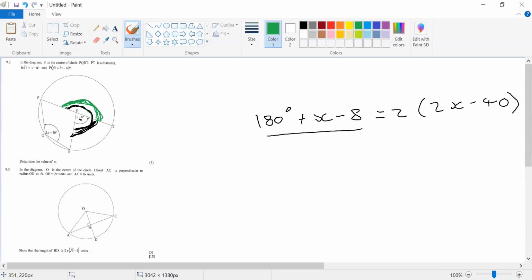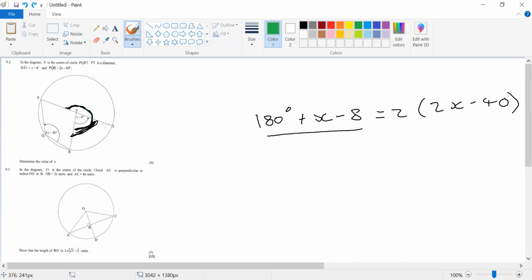But we know that this is a straight line, so that's equal to 180 degrees. So the whole thing would be 180 degrees plus whatever this was, which was x minus 8. You get it? Yes.